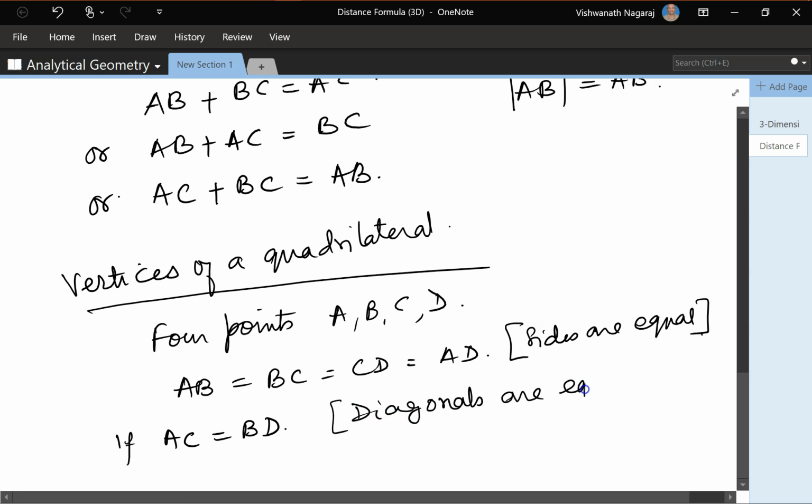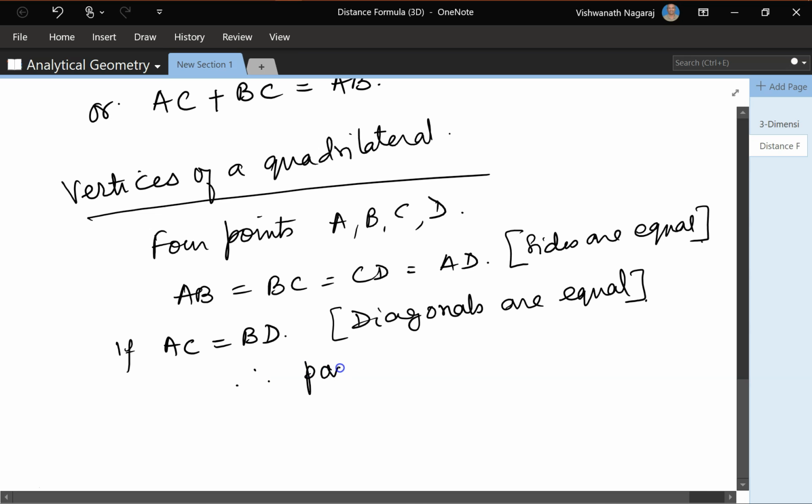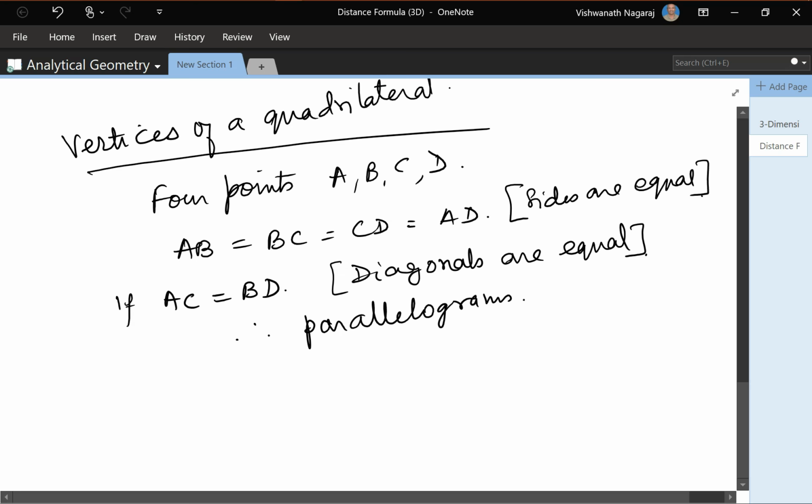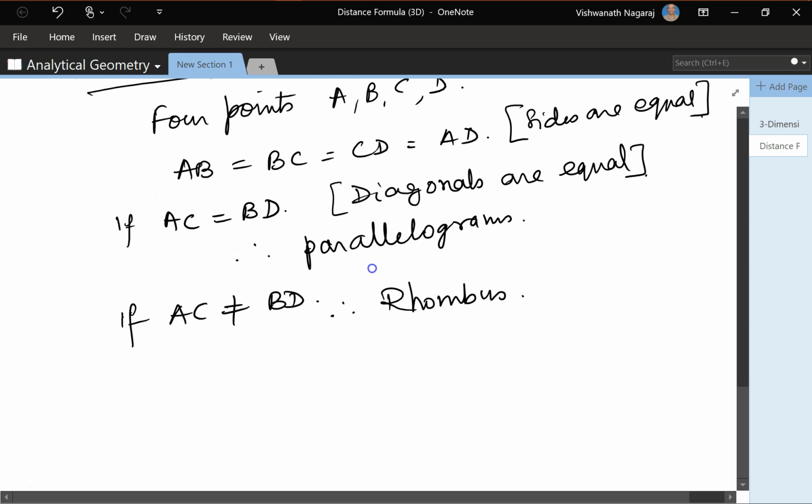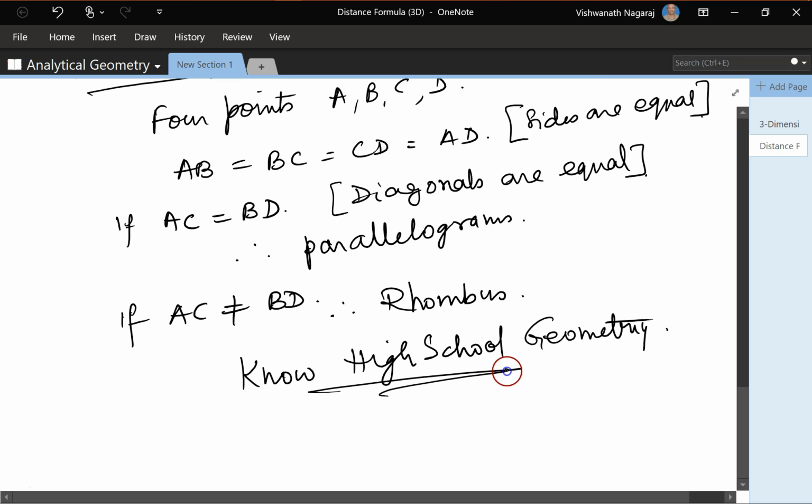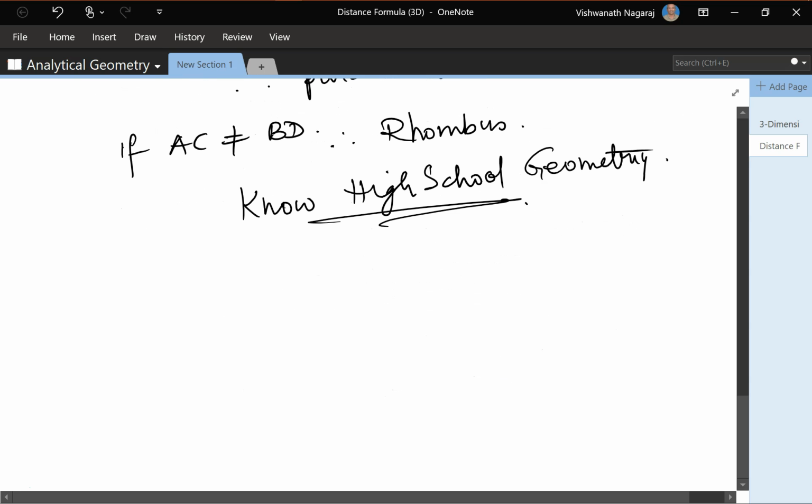Diagonals are equal. Therefore, parallelogram. All the sides are equal and the diagonals are equal. Now, if AC is not equal to BD, that means diagonals are not equal, therefore a rhombus. So now to figure out what type of figure it is, you have to know high school geometry. This is very important.